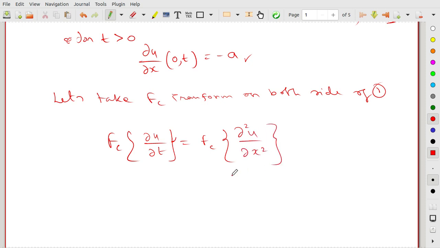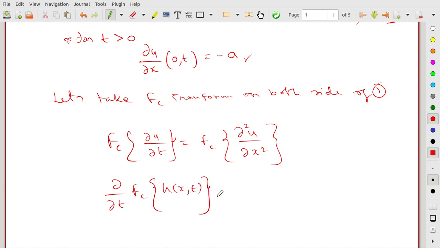And since the integral is with respect to x, we can take dou by dou t outside. Therefore we can write dou by dou t of Fourier cosine transform of u of x comma t.